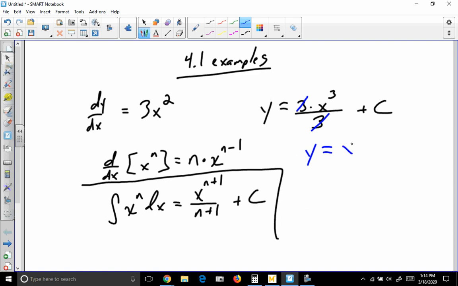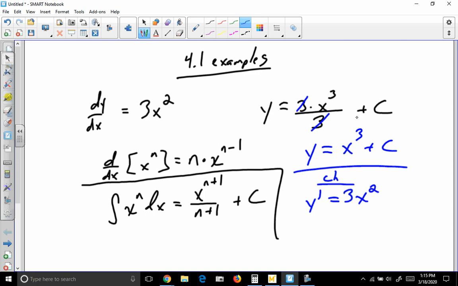So a function whose derivative is 3x squared is x to the 3rd plus c. And remember, the way we would check that is we would take the derivative. If we took the derivative of x cubed, we would bring the 3 down, x to the 1 less power.